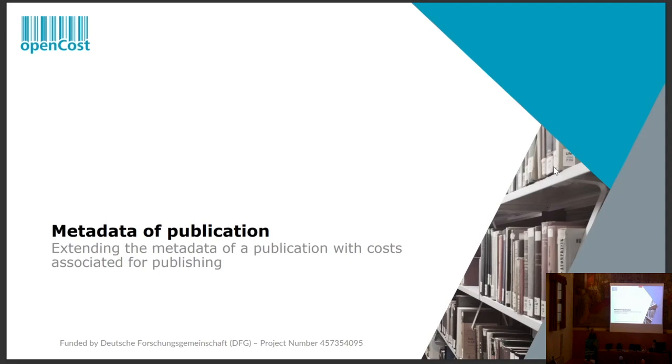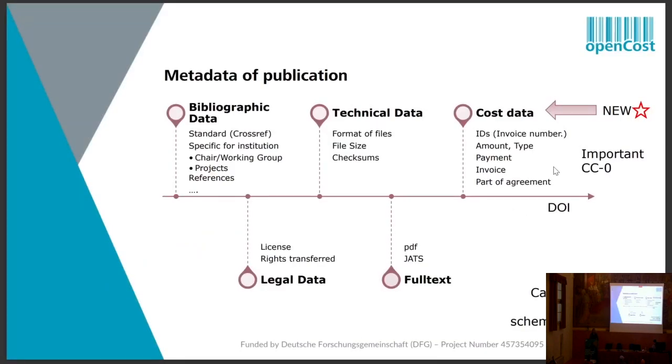So why am I here today? Because we think that cost data play an important role. If we look at metadata of publications, we have in mind something like bibliographic metadata, which we have heard a lot about today, yesterday, and so on.